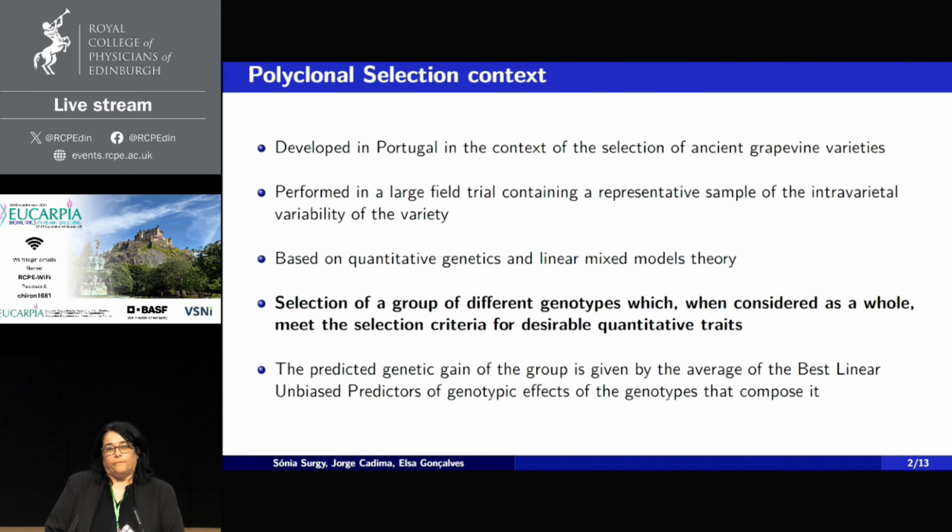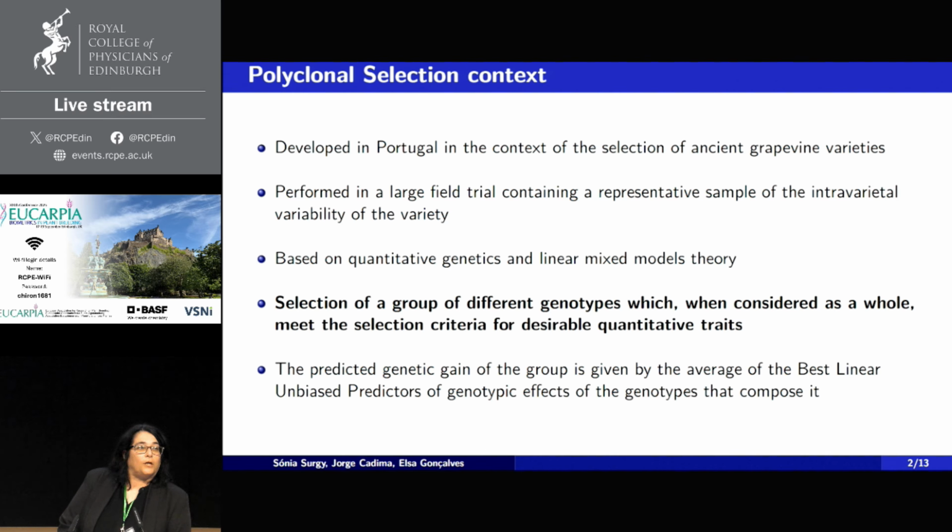The objective of the polyclonal selection is to select a group of different genotypes that, taken together, meet the selection criteria for the desirable traits.